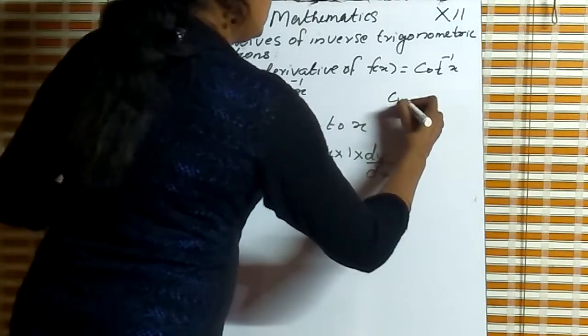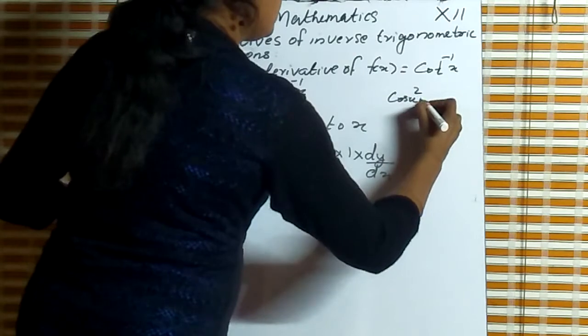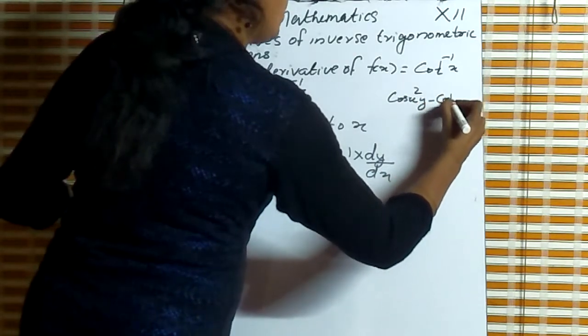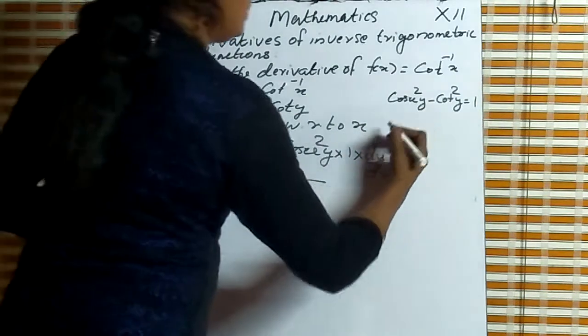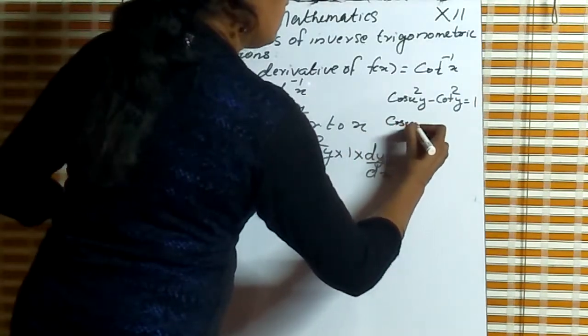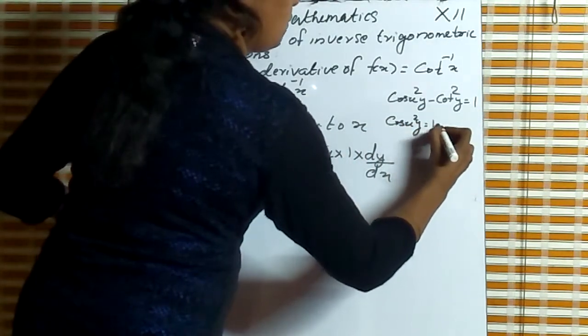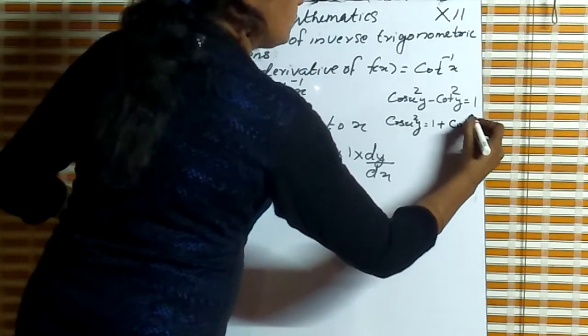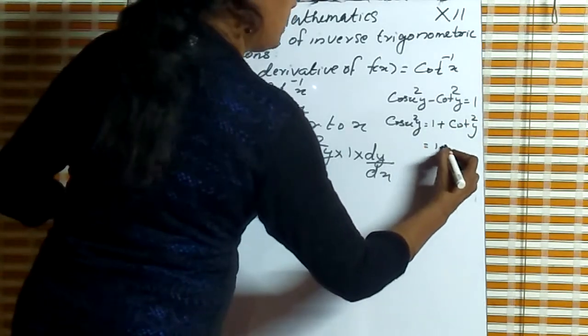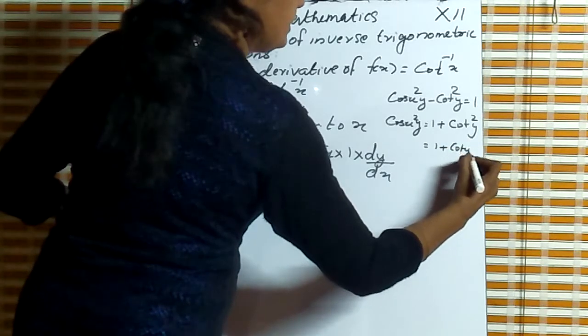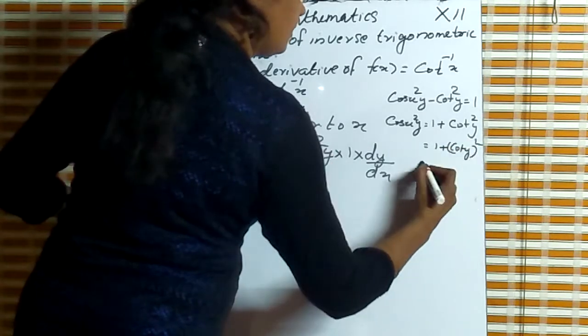We know that cosec square y minus cot square y is equal to 1. What is cosec square y? Cosec square y is equal to 1 plus cot square y, which is 1 plus cot y whole square.